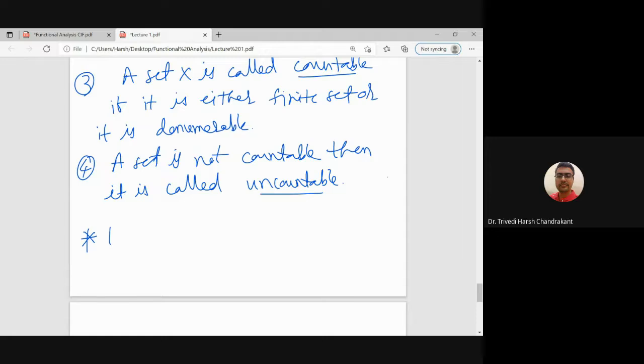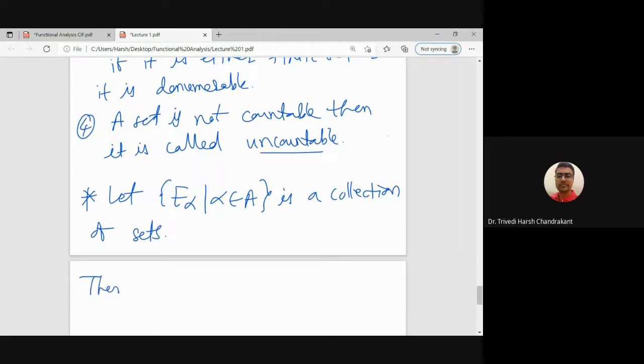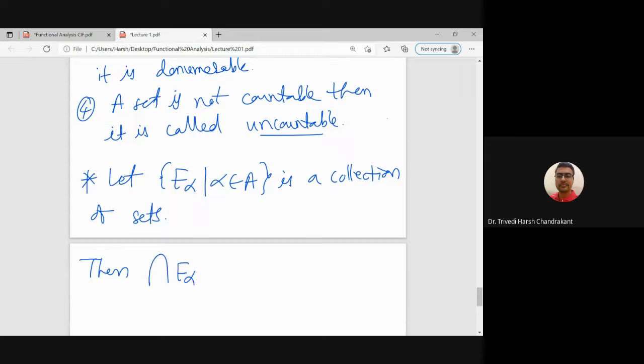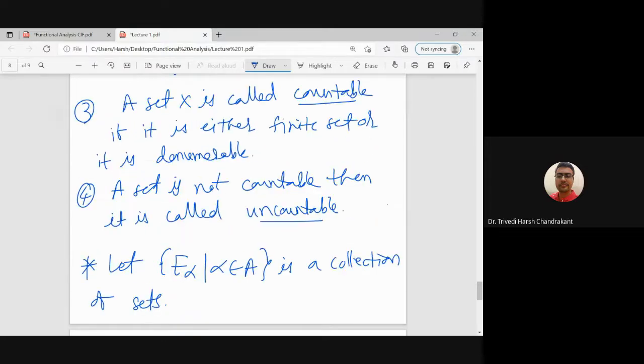Now we know how to define the union and intersection for a finite collection. We will also need a collection which is infinite. So if E alpha is a collection of sets, each E alpha is a subset of some universal set.